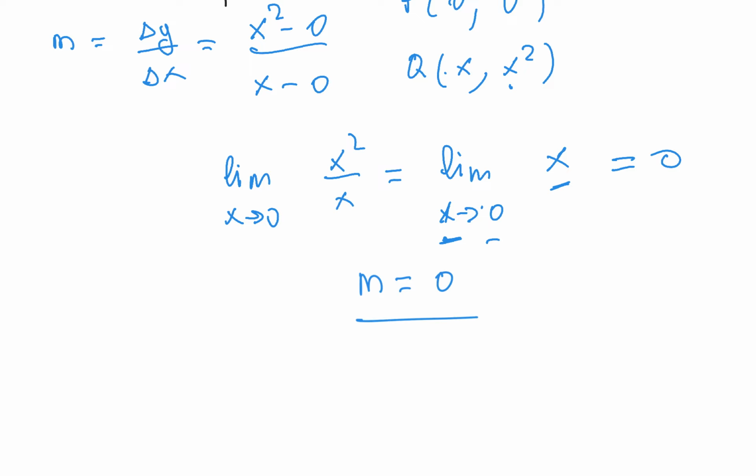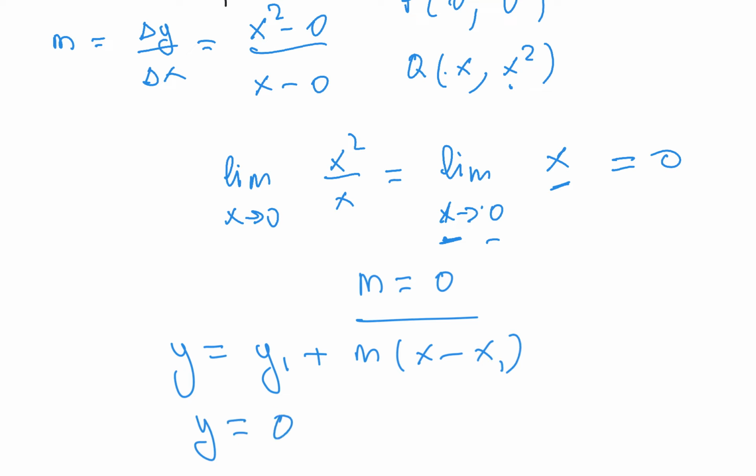And what will be the equation of the rectilinear line? The equation will be y equals y1 plus m multiplied by x minus x1. Y1 is the point P, which is 0.